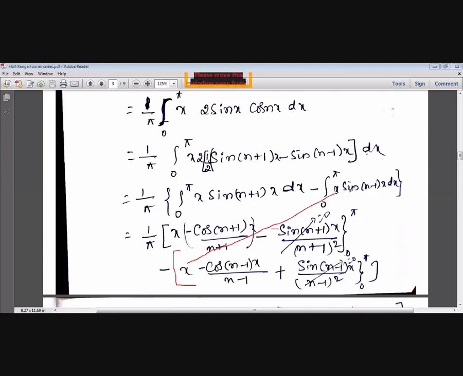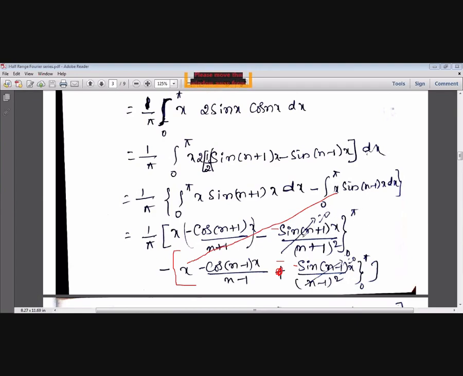Integration of this is minus cos(n minus 1)x by n minus 1. Next, the difference minus, you need to write minus. Minus differentiation of x is 1. Integration of this is minus sin(n minus 1)x by (n minus 1) whole square. Okay, understood?